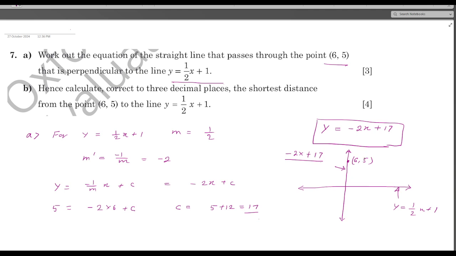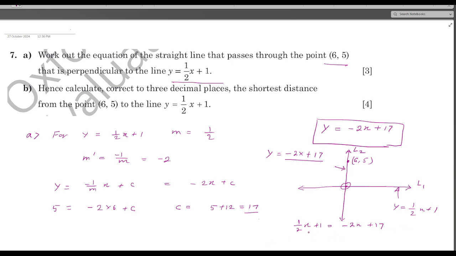Let us say this is L2 and this is L1. Now I can find the point of intersection by equating these two lines: 1/2 x + 1 = -2x + 17.